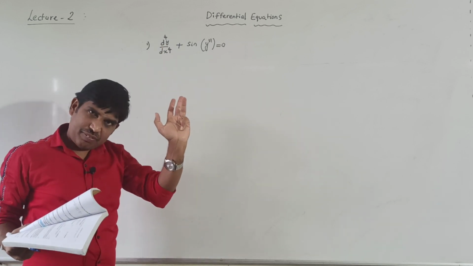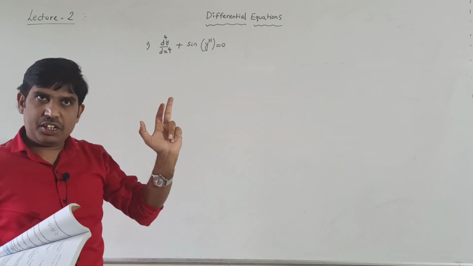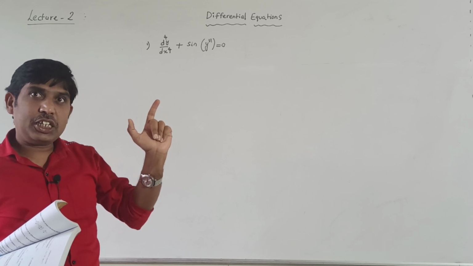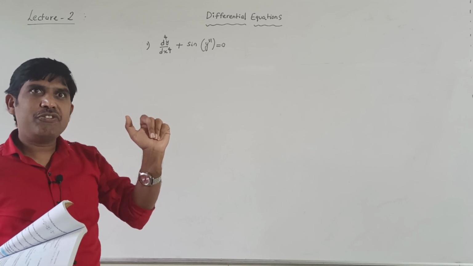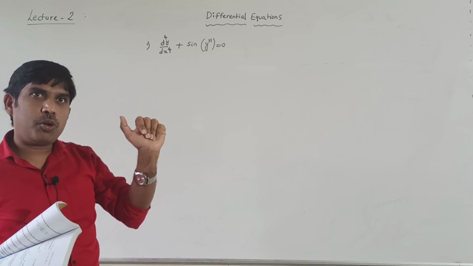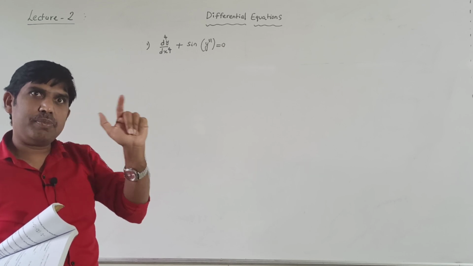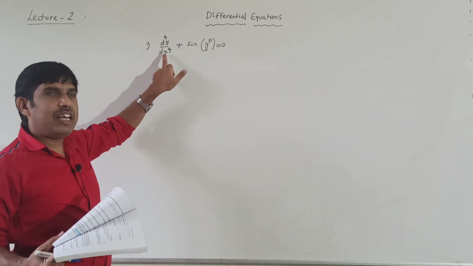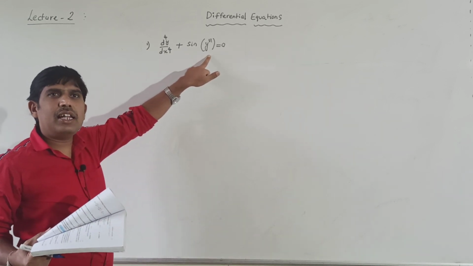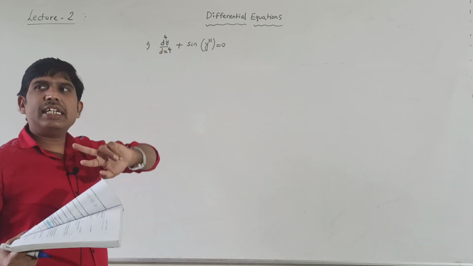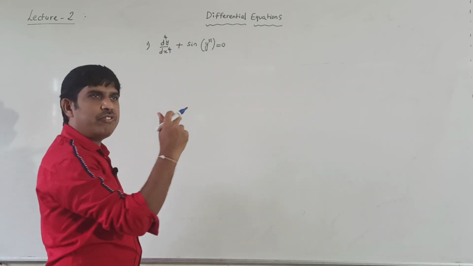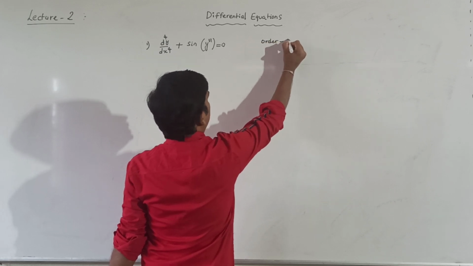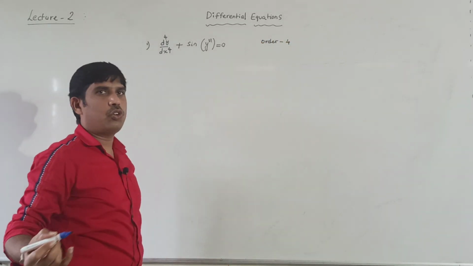First order dy by dx, second order d square y by dx square, third order d cube y by dx cube, fourth order d power 4 y by dx power 4. Among these, which is the highest order derivative? Nothing but fourth order. Hence the order of the differential equation is 4.